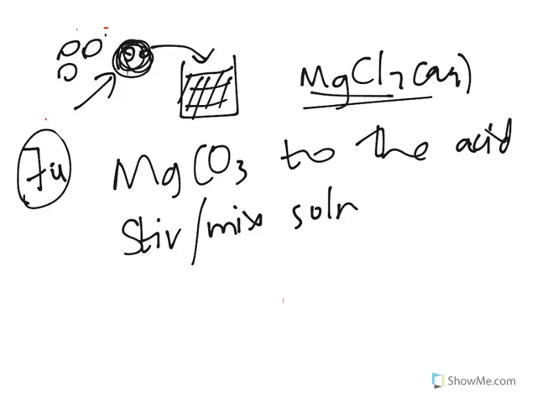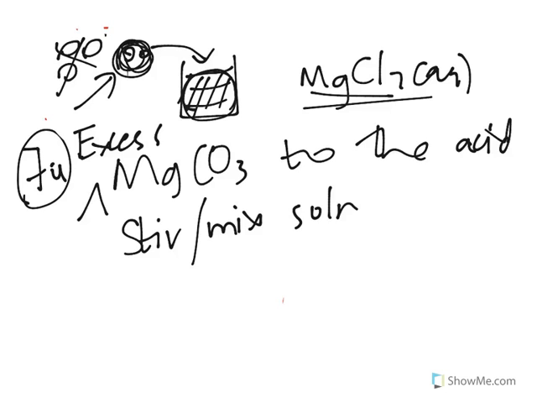However, if you had excess HCl, you couldn't filter that out because you don't know what is HCl and what is the magnesium chloride solution. So that's why you have to always add excess carbonate. So over here you'd probably mention that you have to add excess magnesium carbonate to the acid and keep stirring and mixing while you do so.